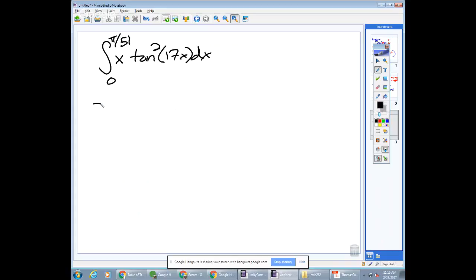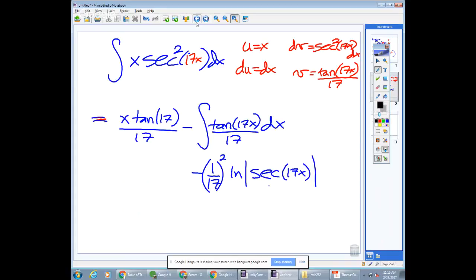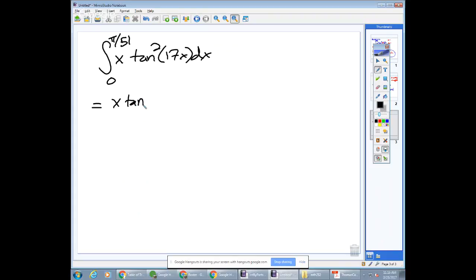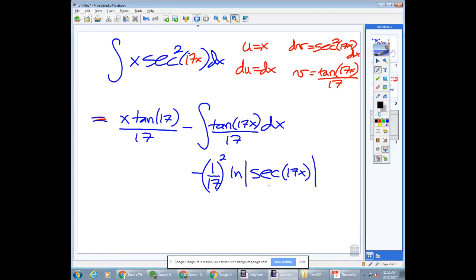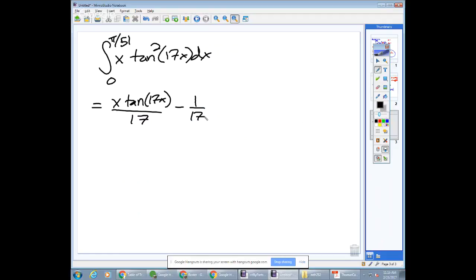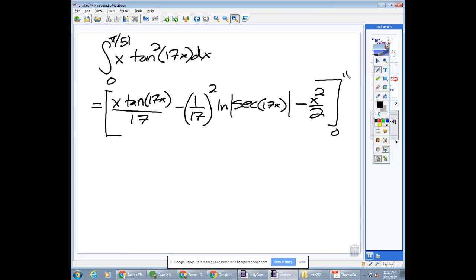And we have that it's equal to x times the tangent of 17x over 17, and then we have a minus 1/17 squared times the natural log of the absolute value of the secant of 17x. And then we're going to have a minus x squared over 2. Did I get all of the pieces? Okay. And now we get to evaluate this fun guy between 0 and pi over 51.